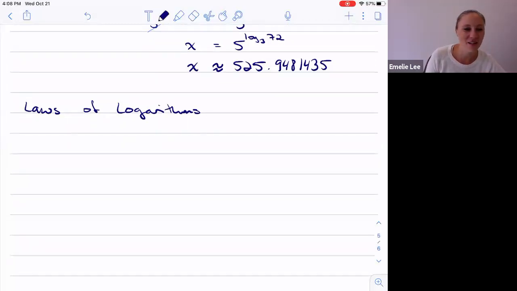The laws of logarithms say that, okay, we're going to have to establish that all our arguments and our bases have to be positive, and I have to establish it every time.